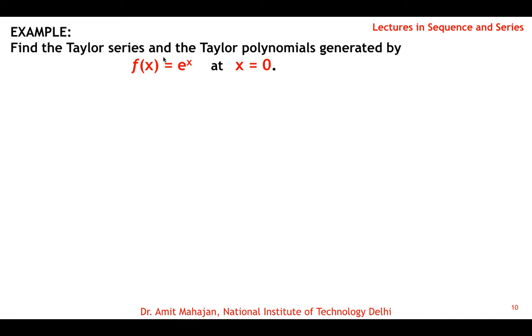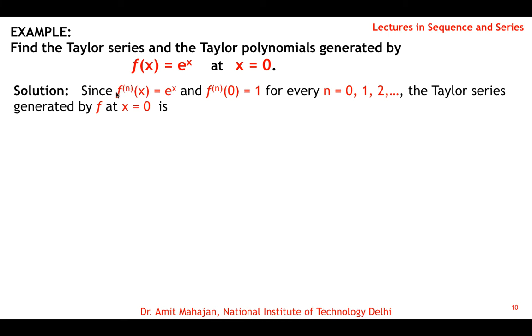We know that exponential derivatives remain exponential, so it is a simple example. The function's nth derivative at x will be e to the power x, so all derivatives of this function remain e to the power x, and at x equals 0 we can calculate all derivative values. e to the power 0 is 1, and this is true for every n equals 0, 1, 2, and so on.